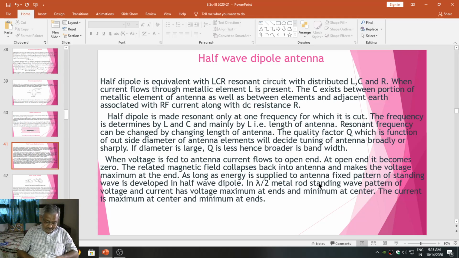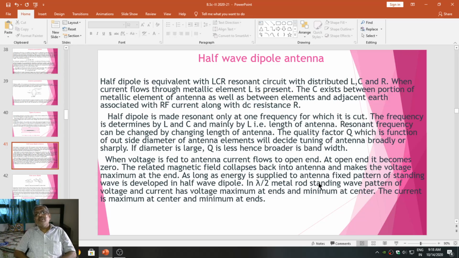So, whenever the radio frequency current flows through the metallic element, the left part represents the inductance. In between two lambda by 4 dipoles, the space represents the capacitor, and the adjacent earth associated with RF current along with the DC resistance are represented.